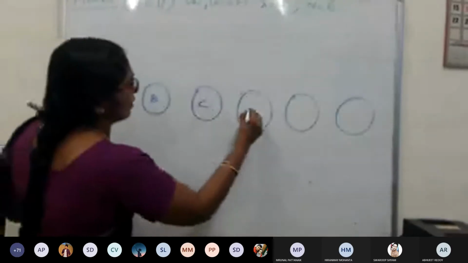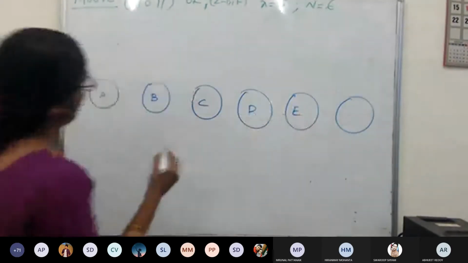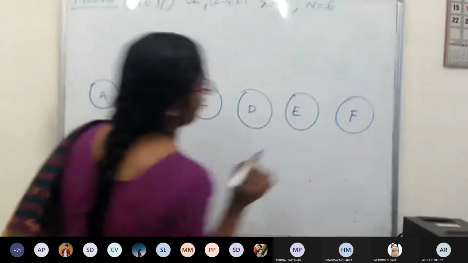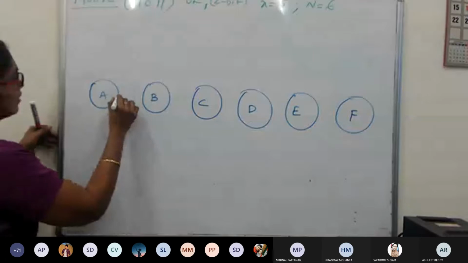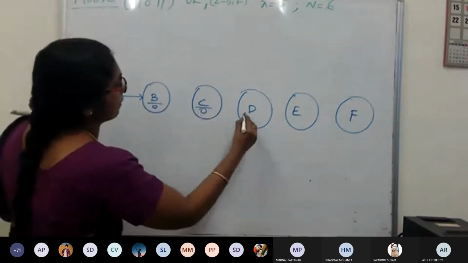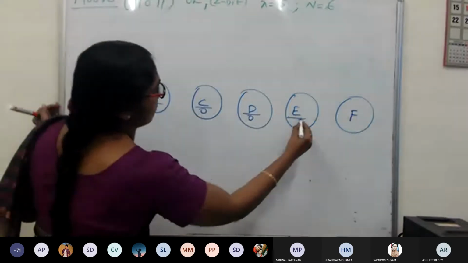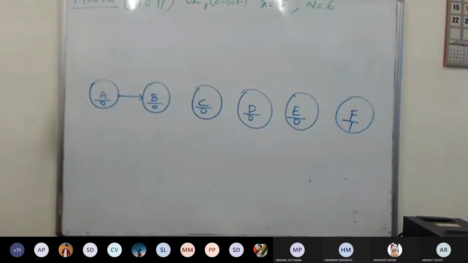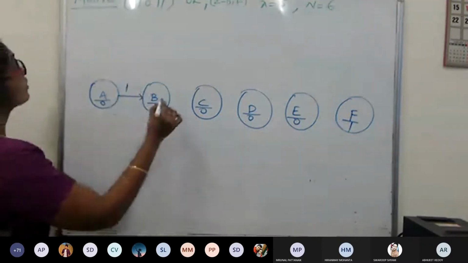I think you can do it fast. A, B, C, D, E, F. Okay. Outputs are already there because it's moving. You could understand why the extra state is coming.